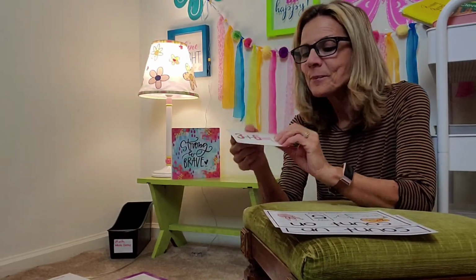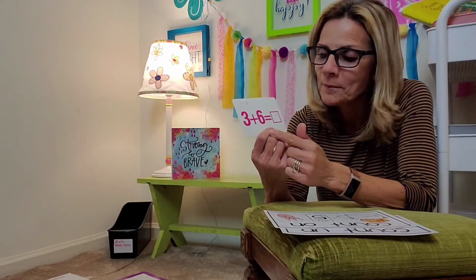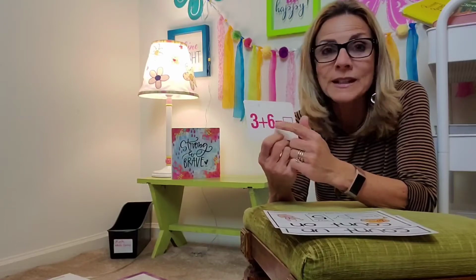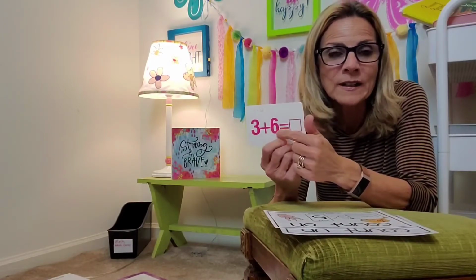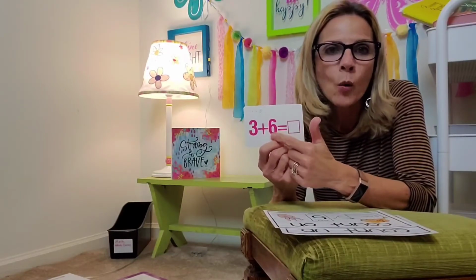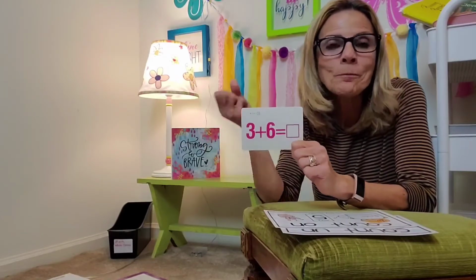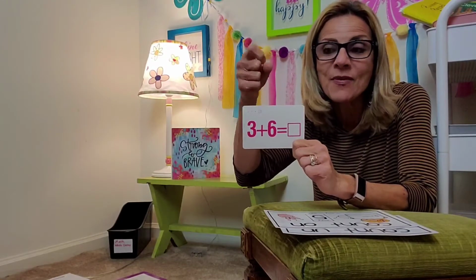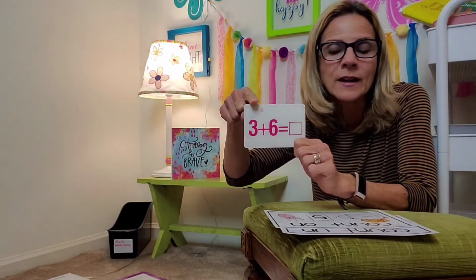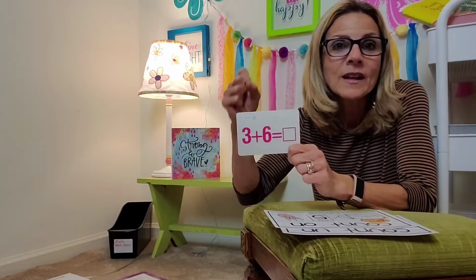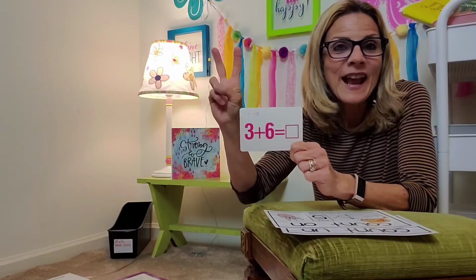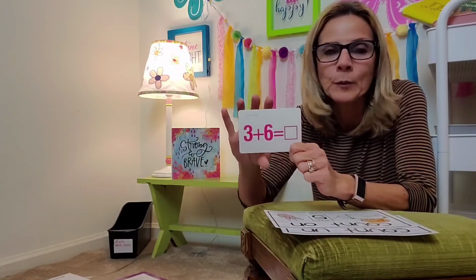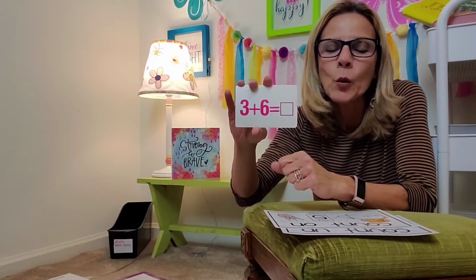If they had this math problem, they would simply look at the two addends, and I always encourage them to take the biggest one no matter what its position. And I'll say, you know what 6 is. So put it in your brain, put it in your pocket, start with 6, and then count on 3 more. 6, 7, 8, 9. That's easy. They've got these digits available, and that's always a good, quick go-to for them.